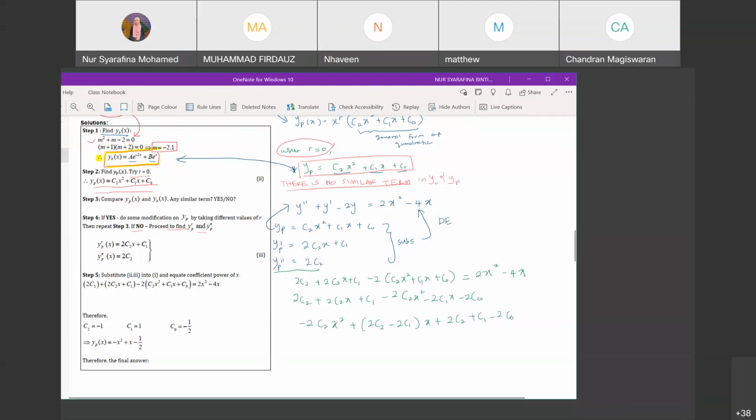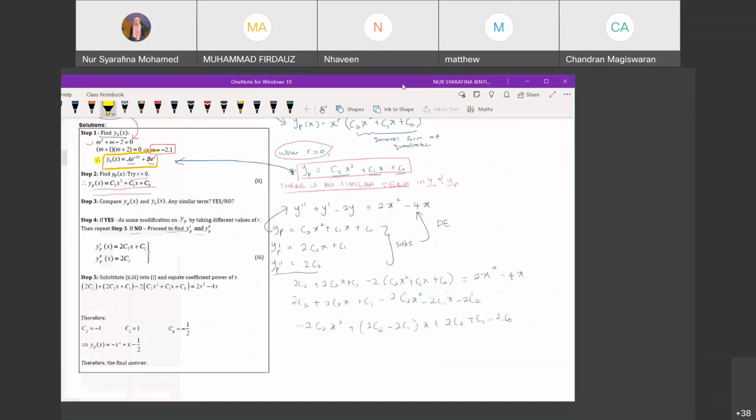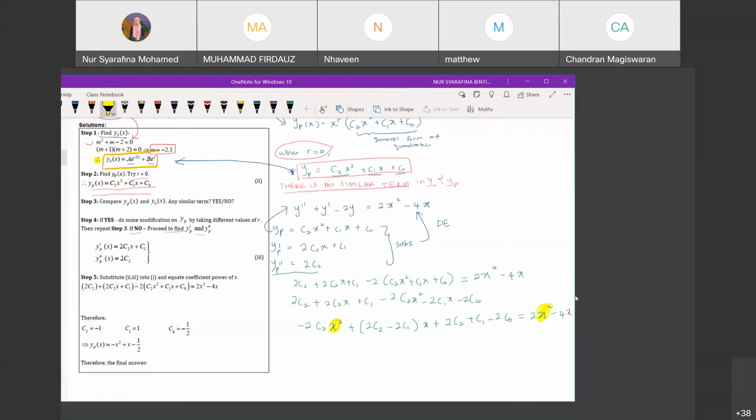Now, for those with x squared, compare with x squared. In the left hand side and right hand side, you have x squared and x squared, so you can compare. From this one, minus 2c2 equals 2, and solving this, c2 equals negative 1.